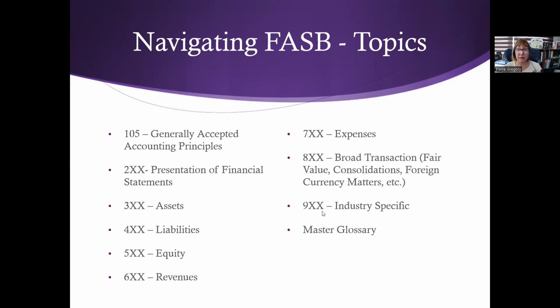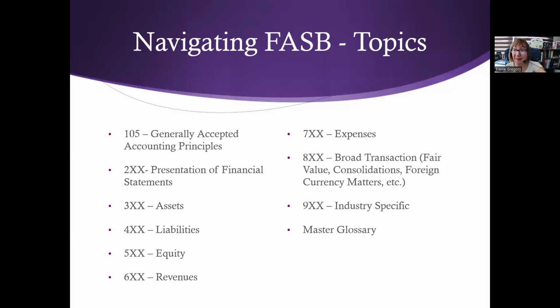Then 9XX is really a great section. It goes into industry specific issues, such as the airlines industry, the construction industry, transportation industries. That section is going to give you some industry specific topics that are within the FASB.